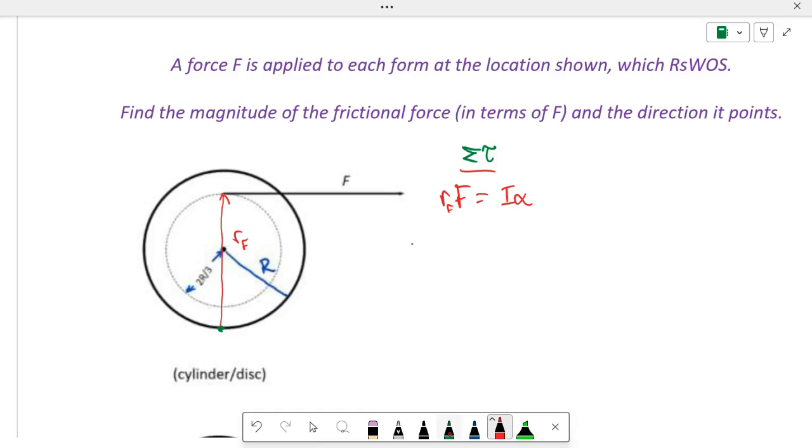r to f happens to be big R plus 2/3 more of that, so it's 5/3 R. Now, notice this is a cylinder. Let's stipulate I center of mass of a cylinder is 1/2 mr squared.